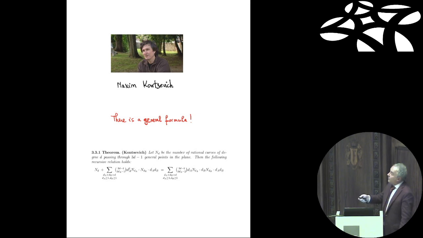And the other numbers in the picture are just the N corresponding to these d_A and d_B. So by induction, they are supposed to be known. And on the right-hand side, you have a similar expression but no N_d. So this means that there is an explicit formula to compute N_d by induction.